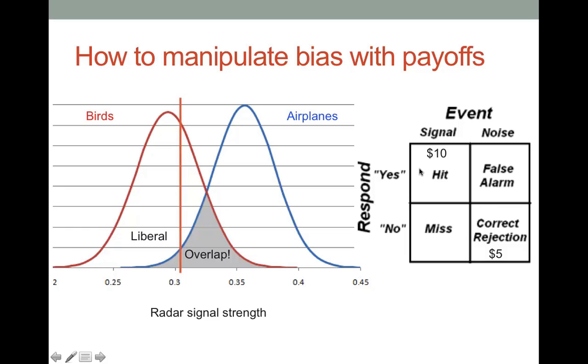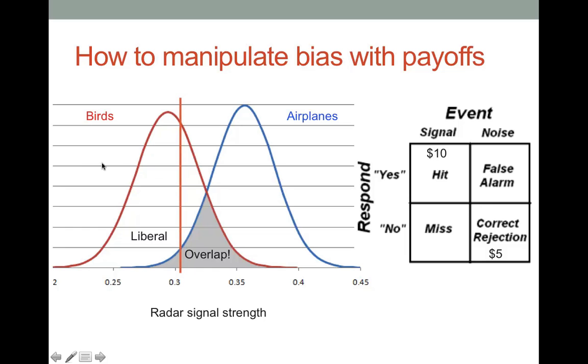So now that we have a payoff structure like this, we really could find an optimum criterion where you will make the most money by putting it somewhere here, something like that. Because if we keep pushing this criterion further left, we're only going to get a little bit more hits, but we're going to lose a lot of correct rejections.